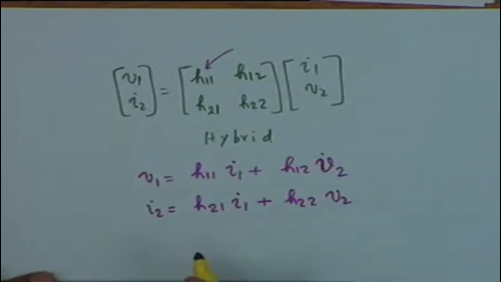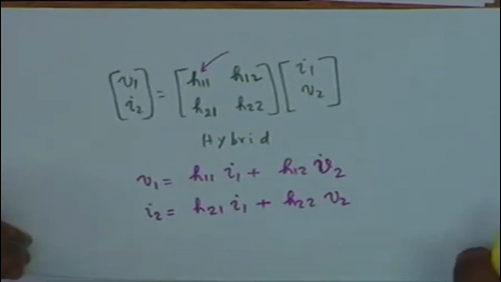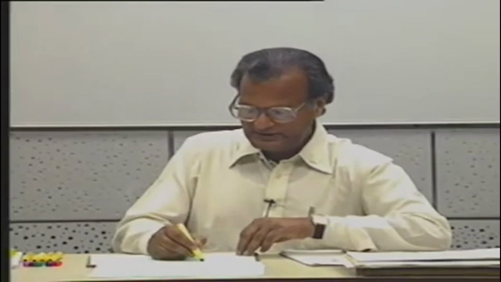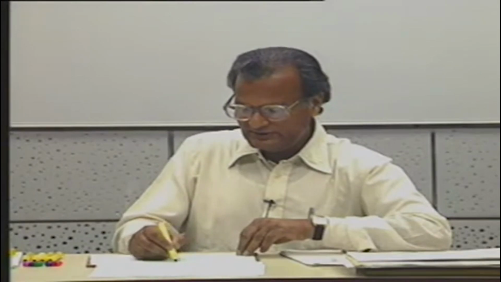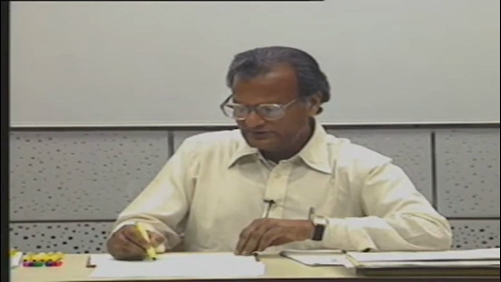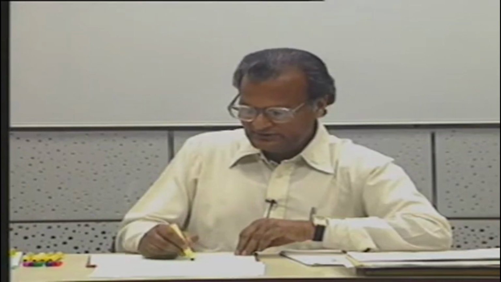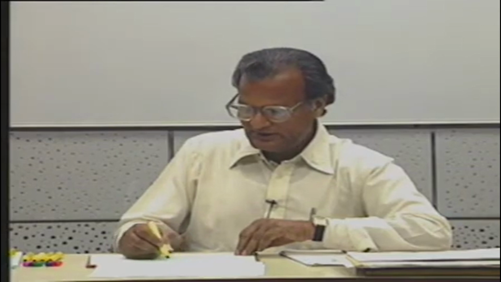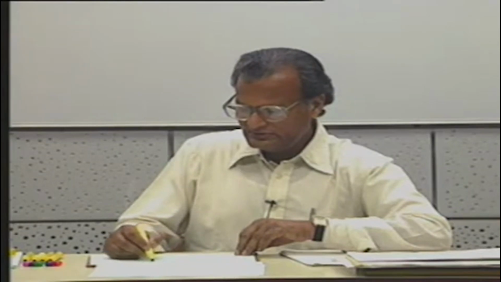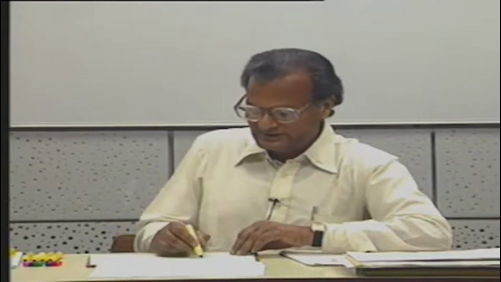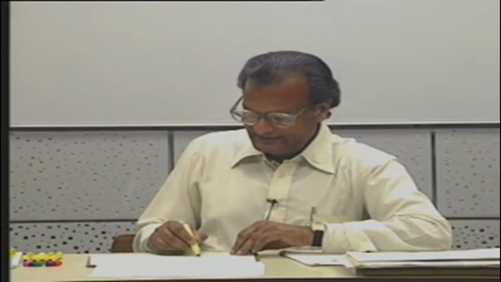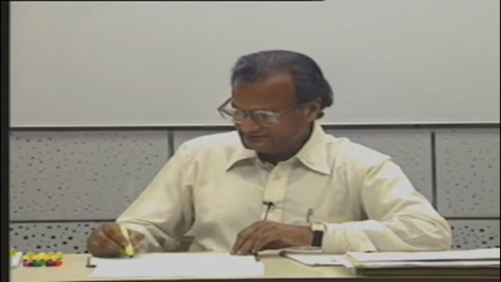In terms of an equivalent circuit, you see that we can represent these relations. What are the relations? V1 equal to H11 I1 plus H12 V2, and I2 equal to H21 I1 plus H22 V2. We can represent this in a very simple manner as a 2 port.